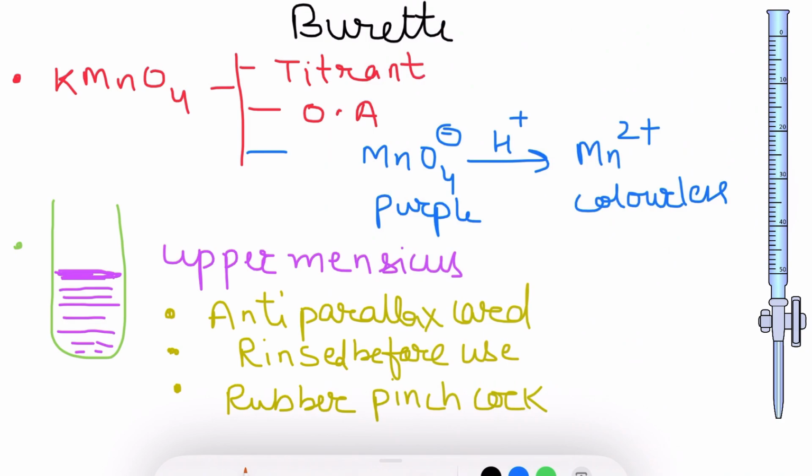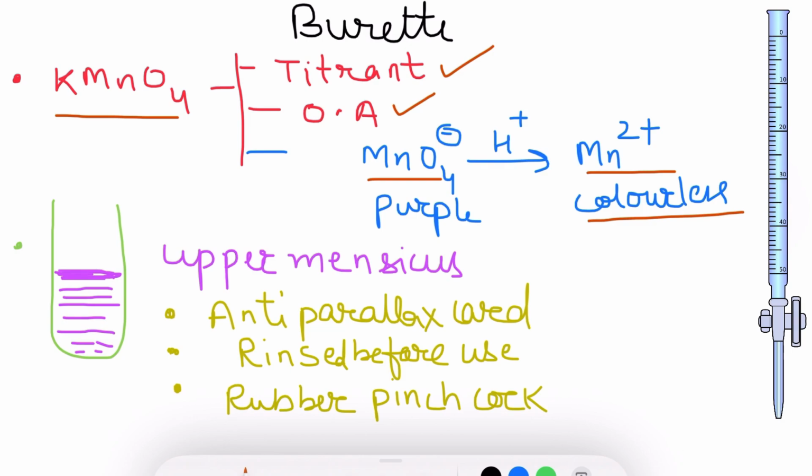The burette is filled with potassium permanganate, which behaves like a titrant and acts as an oxidizing agent in this redox titration. During the titration, the permanganate ion of potassium permanganate, which is purple, in acidic medium changes to divalent manganese ion, which is colorless. So the color changes from purple to colorless.